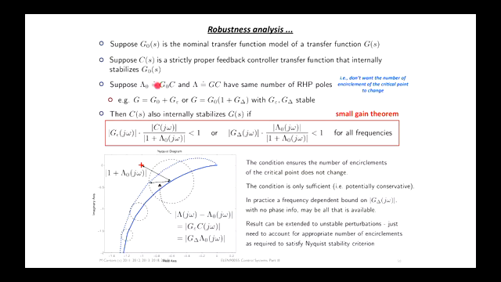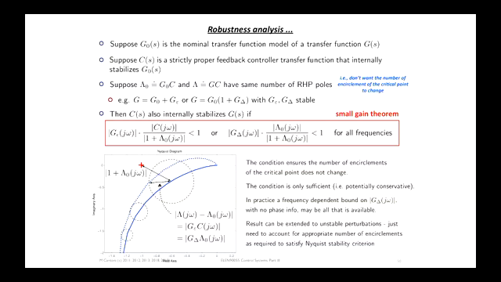Right? If we know this is stable and want to conclude that this is stable, they'll have to make the same number of encirclements of the critical point because they have the same number of right half plane poles. And that will certainly be the case if the additive or multiplicative perturbations are themselves stable. Because what are we putting in here?